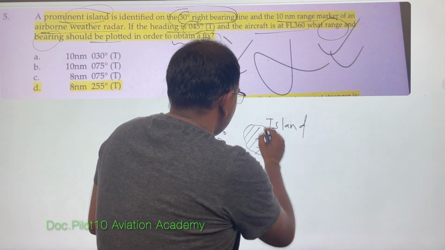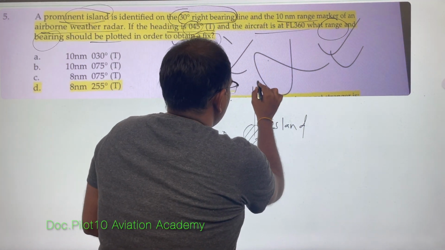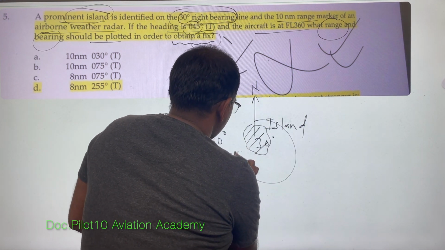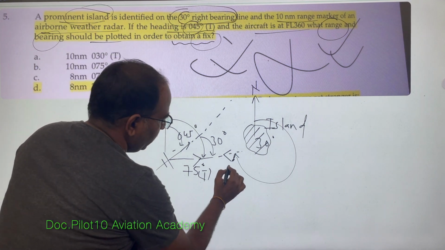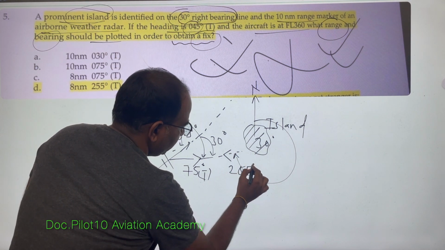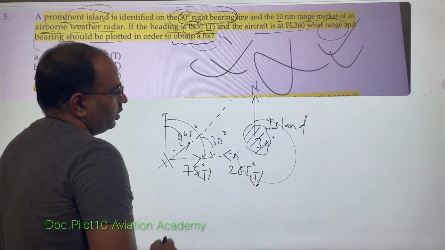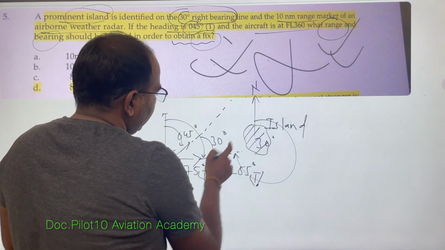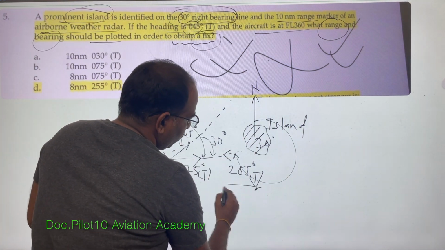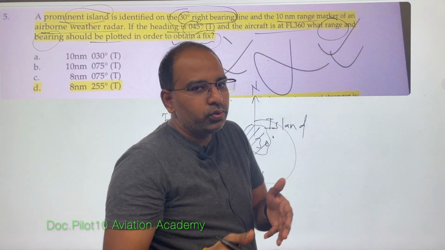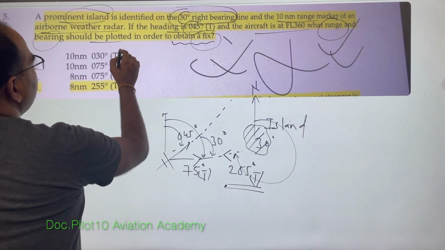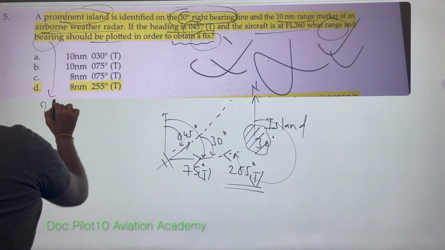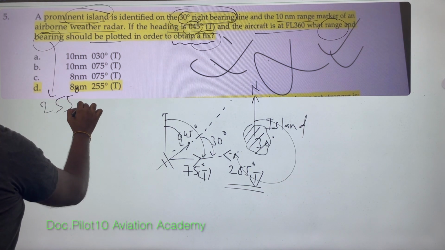That means from the island's north, where are you, correct. This will be the opposite of 75 true, that will be 255 degrees true, correct. Now from the island the bearing is 255 degrees true. This is what you use to obtain a fix. So the answer for the bearing would be 255 degrees true, correct.